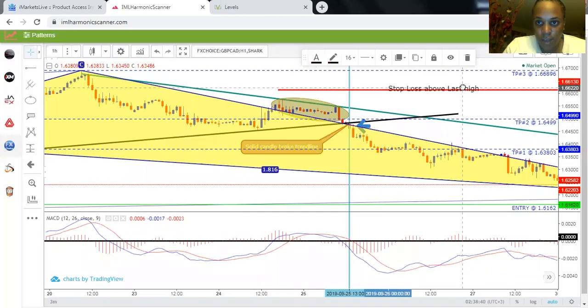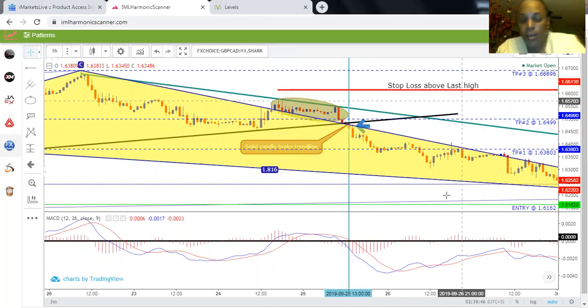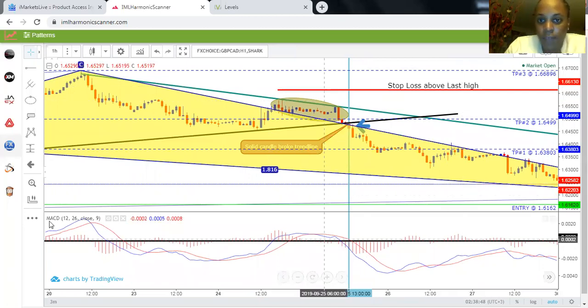Stop loss above last high. Can you go ahead now and take a screenshot of that? Take a picture with your phone so you understand.